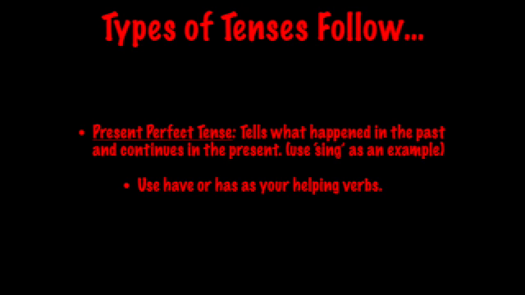So using that word, putting it into a sentence, we could say she has sung her solo. You see that has sung is our present perfect tense. Has is our present helping verb, and sung is our simple past tense verb.